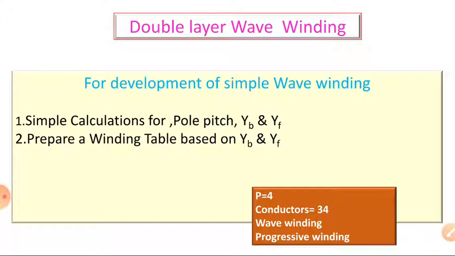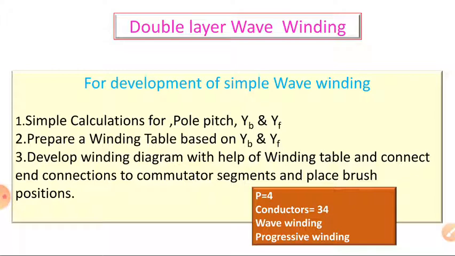After preparation of our winding table, proceed to the winding diagram. Develop the winding diagram with the help of the winding table, connect the end connections to the commutator segments, and place the brush positions appropriately based on current directions in armature conductors.